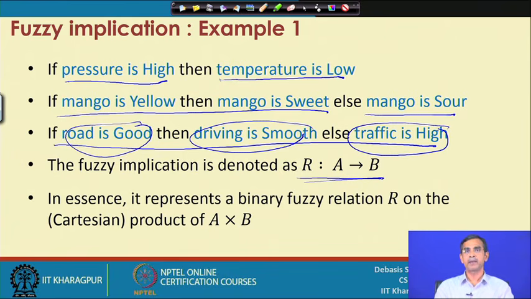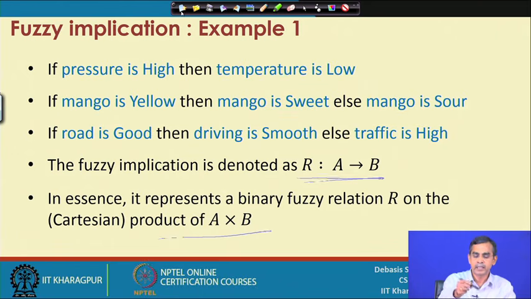I told you such a fuzzy implication is basically a relation from fuzzy set A to fuzzy set B, and broadly it can be expressed in the form of a Cartesian product. In a broad sense it is a Cartesian product, but there are some methods by which this relation can be calculated in a more mathematical, more formal way, and we will discuss them. We are going to learn the methods by which the fuzzy relation can be calculated.